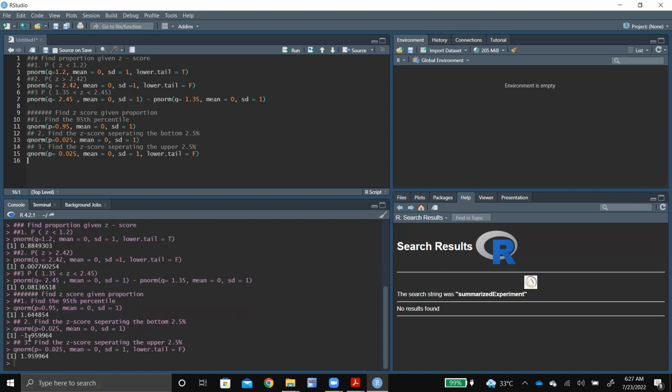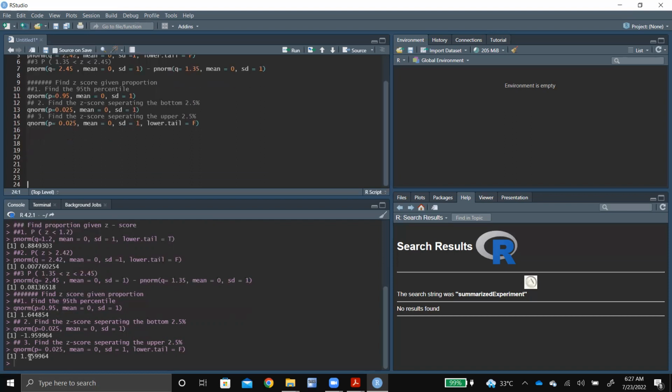This is negative 1.96, and if we are looking at the upper tail, then it is 1.96, because the standard normal distribution is symmetric. So the bottom 2.5 percent and the top 2.5 percent both give the same z-score value, one negative and the other positive.